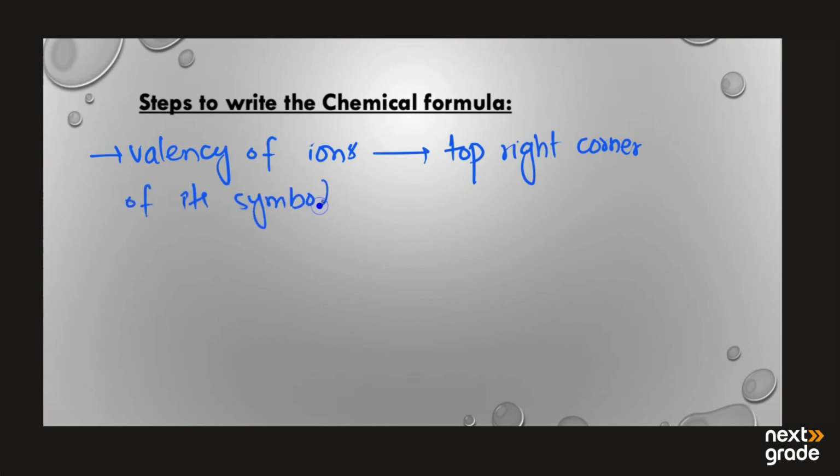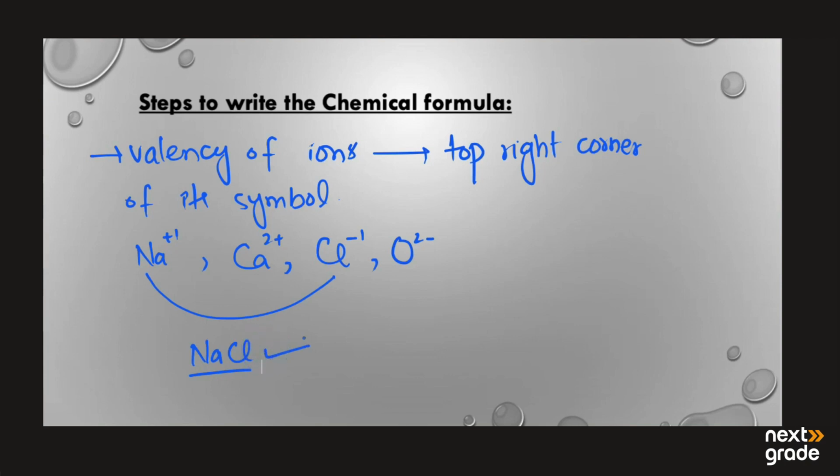For example, sodium has a valency of +1, calcium +2, chlorine -1, and oxygen -2. When we write the formula for sodium chloride, we write sodium and chloride; for calcium oxide, we write calcium and oxide, and we move their valencies to the top right corner. This is the second rule.